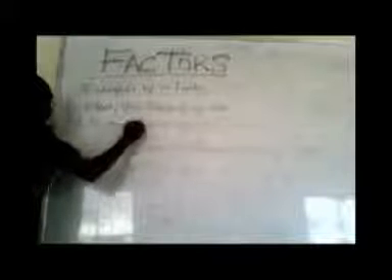So, 1 is a factor of 20. Secondly, is 2 a factor of 20? Yes. Why? Because 2 is a factor of every even number and 20 is even. So 2 is a factor of 20.